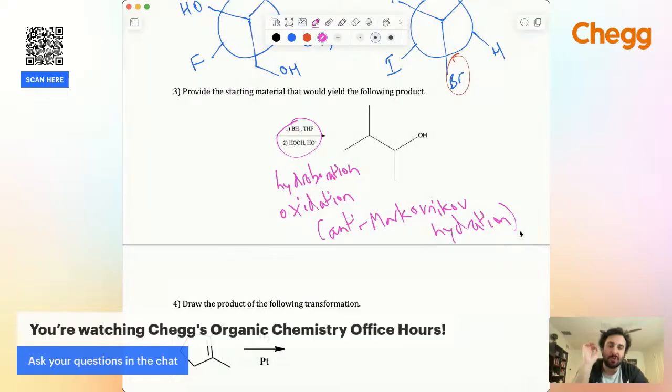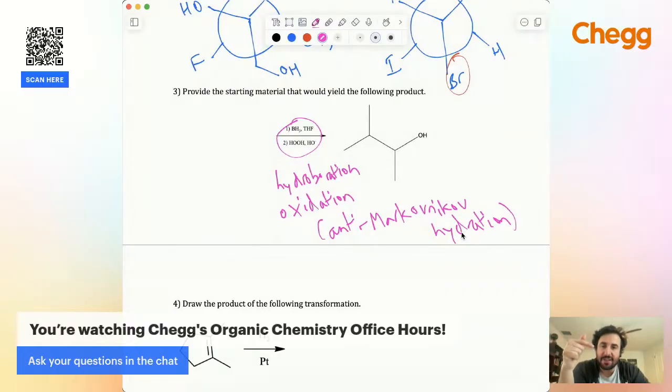So that part is memorization, right? We have to memorize that these reaction conditions indicate hydroboration oxidation, and we have to memorize that hydroboration oxidation promotes anti-Markovnikov hydration. That's all that we have to memorize. After that, we're just applying our understanding of what those words mean.